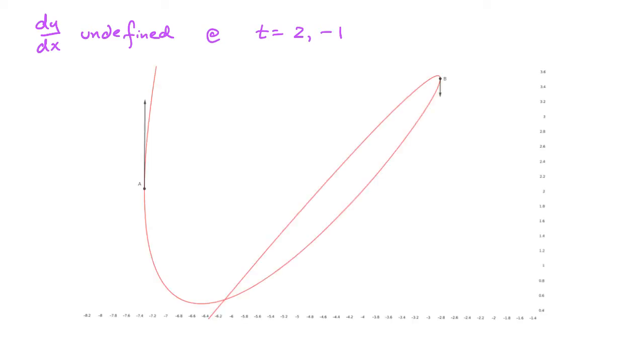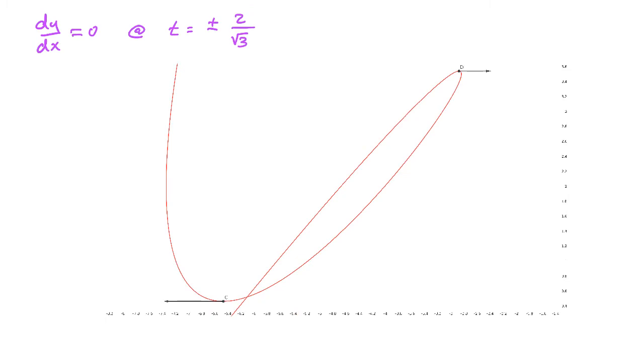As we zoom in on that loop of the curve, when we're arriving at t equal to -1, which is up here at this point B, we do have a vertical tangent line at that point. Then as we continue on around and hit t equal to 2 at our point A, we see that again we have a vertical tangent line at that particular point.